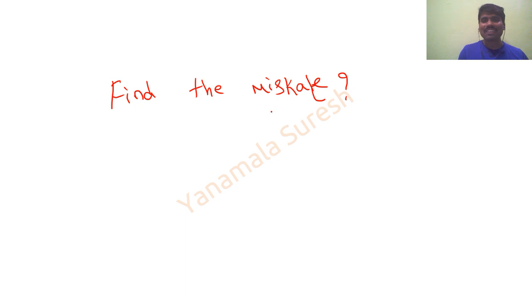Arey yaar, the question itself has a mistake. M-I-S-K-A-T, they have given, but actually the word is mistake. Clear? You should be very careful regarding this one. It is a simple thing, regarding the verbal basics only.